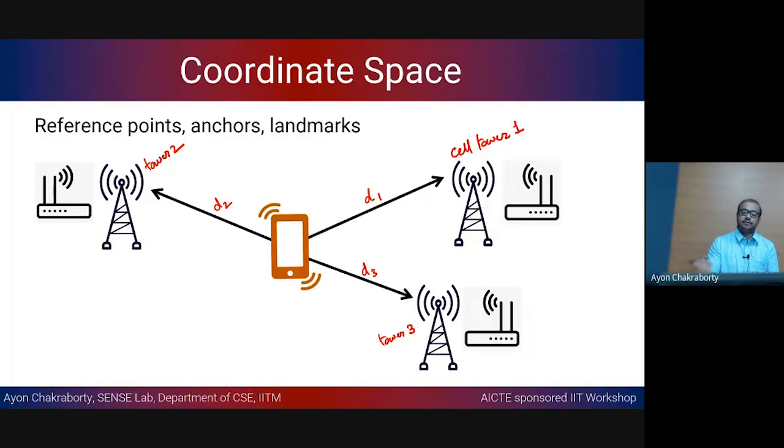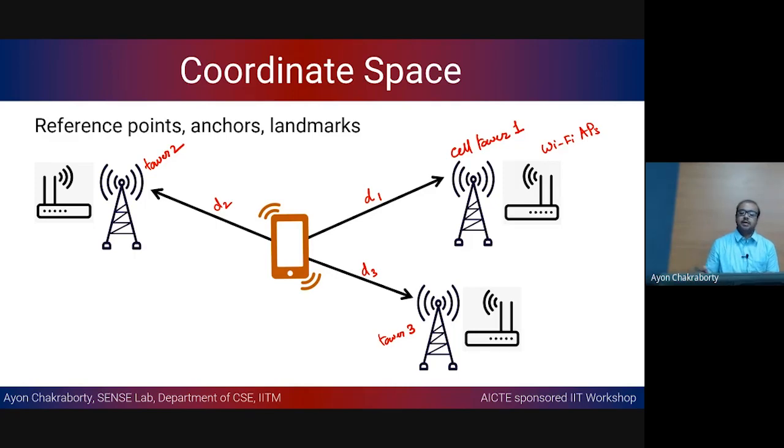Or in case of a home environment or something like a shopping mall, where we are trying to reduce the coverage, we don't want hundreds of square meters of coverage, maybe much lesser than that, we can even use Wi-Fi access points. Wi-Fi APs could be used as reference points or anchors or landmarks in that home area. Okay.